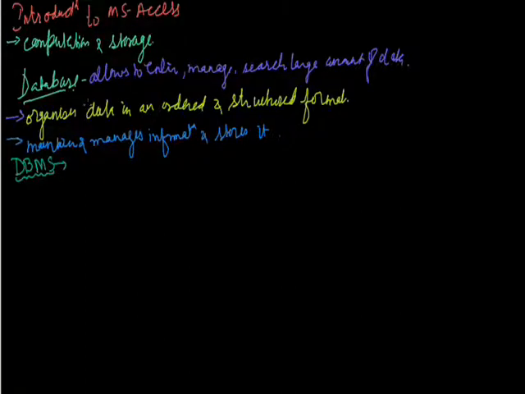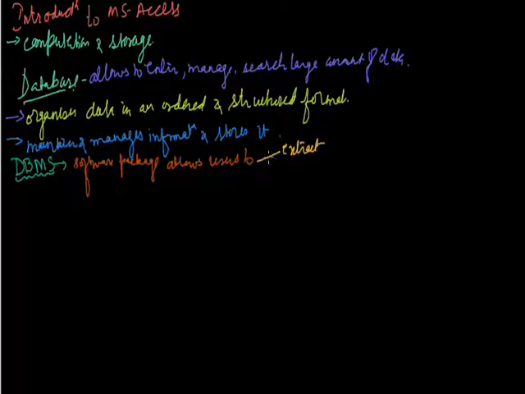A database management system is a software package. It is a software package that allows us to store, modify and extract information. A software package which allows users to first of all extract, then modify.